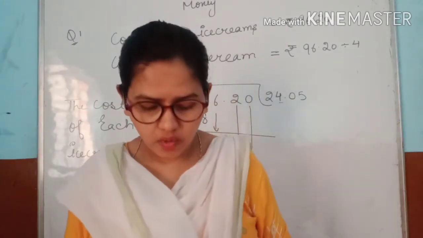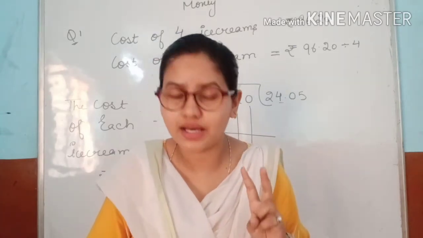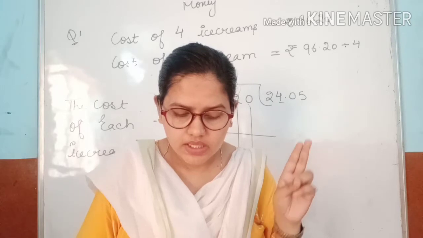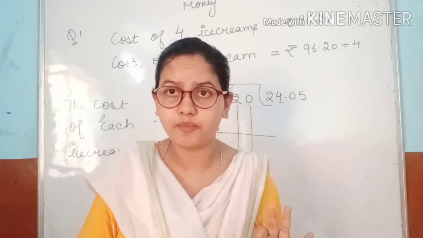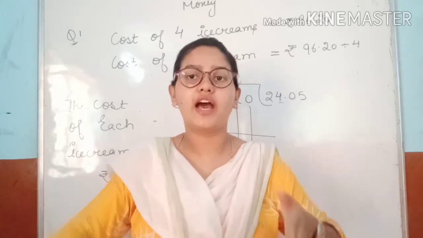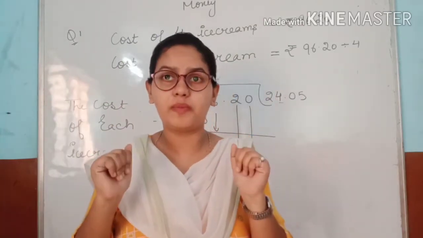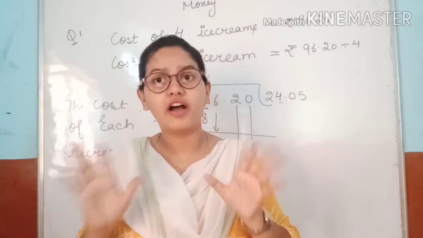Okay students, now we will do our second one, where we simply have to divide rupees 95.50 into 5 equal parts. Now we have an amount and we have to divide it into 5 equal parts. We have one piece and we have to divide it into 5 parts.